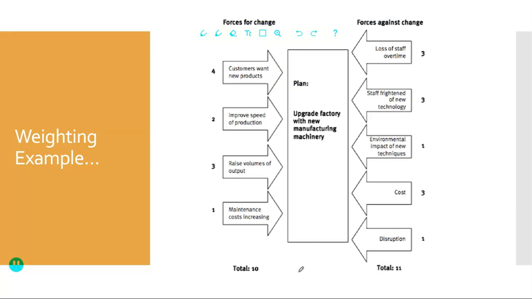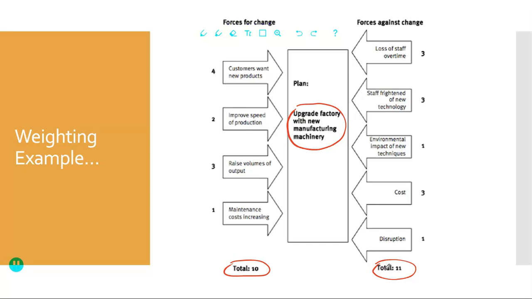And here is a specific example of a business with a plan. They are wanting to upgrade a factory with new manufacturing machinery. So they're going to try and make their business change, they're going to hopefully be more efficient and effective because they're going to have new manufacturing machinery. But if you look at currently, their forces for change, they've given a ranking of 10, and the forces against the change as 11.